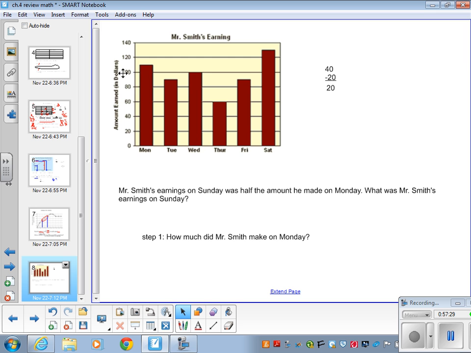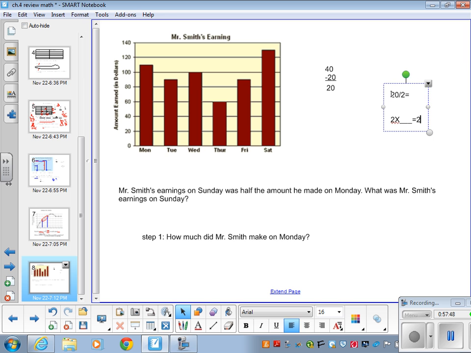If the number is in between 120 and 140, I have to figure out 20 divided by 2 is what? That's the same as saying 2 times what gives me 20. Think, pause, and then give me the answer.